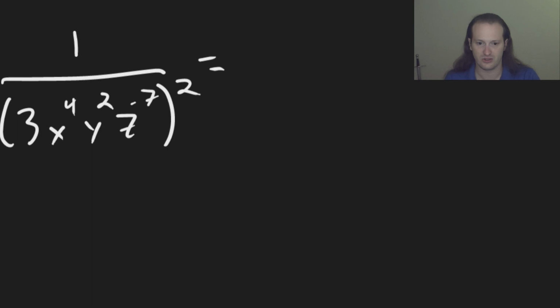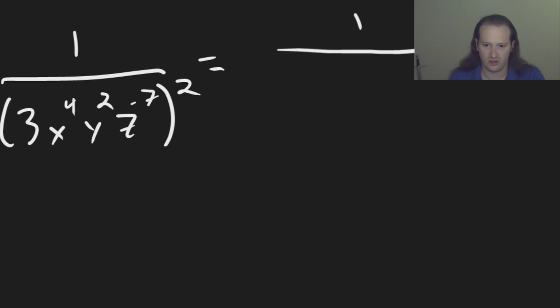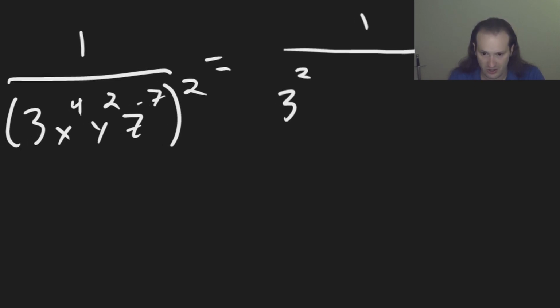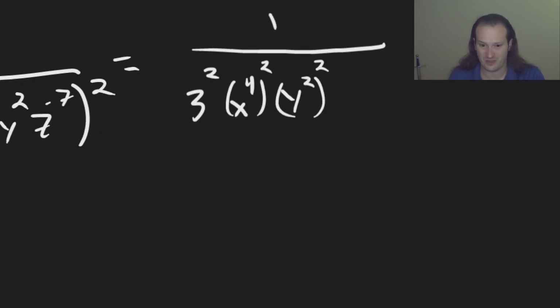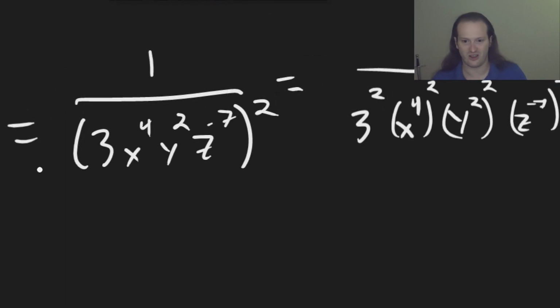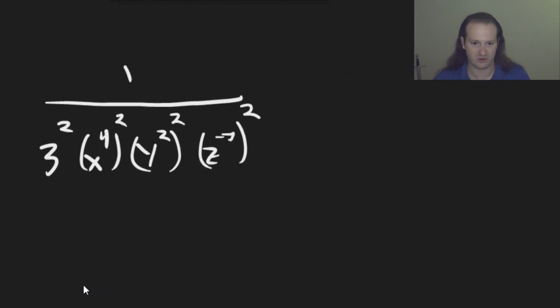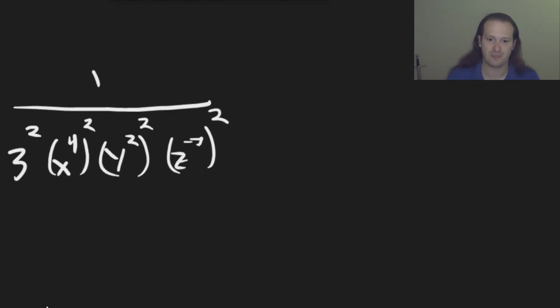You would do the power of a product again and go 3 squared, x to the 4 squared, y squared squared, z to the negative 7th squared. Simplify all that garbage by raising a power to a power. Remember, we multiply them.